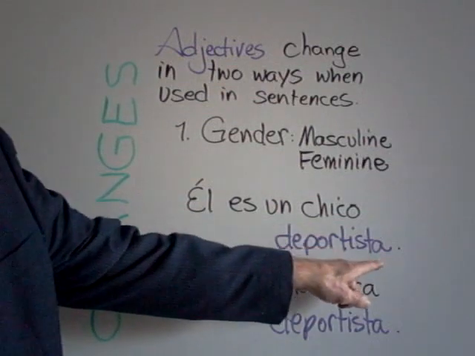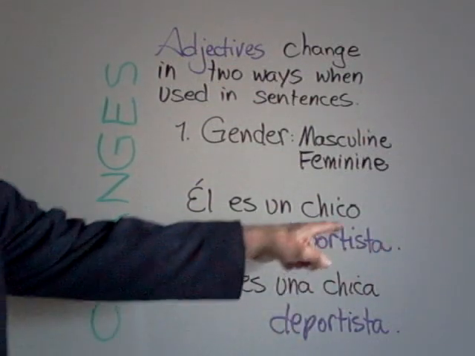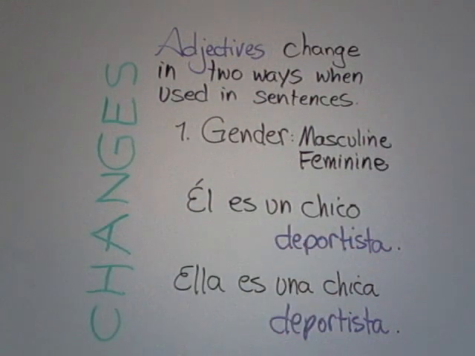This should be deportisto, shouldn't it? Because it's masculine. You would think so, but deportista is the only exception that I know of, maybe one of very few exceptions, where the word stays A on the end. A guy is deportista. A girl is deportista as well. This is a very rare exception, so make sure you don't get fooled.